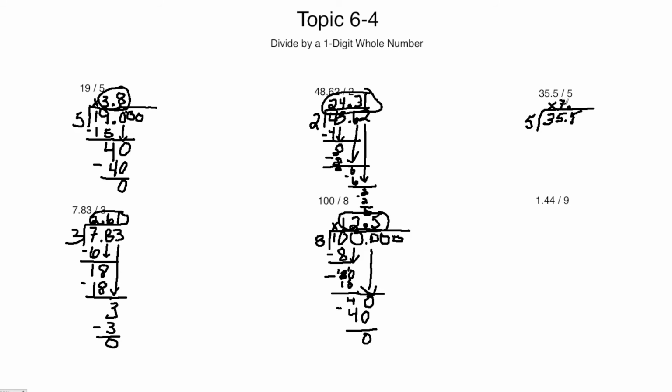Yes. 7 times. 7 times 5 is 35. And 35 minus 35 is 0. Bring down the 5. How many times can 5 go into 5? Once. 1 times 5 is 5. And 5 minus 5 is 0. So the decimal terminates. And our new quotient is 7 and 1/10.